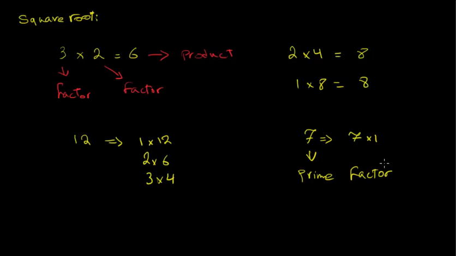A prime factor means a number that cannot be multiplied or divided by any other number except 1. So there are a couple of prime numbers that you know and can remember easily.